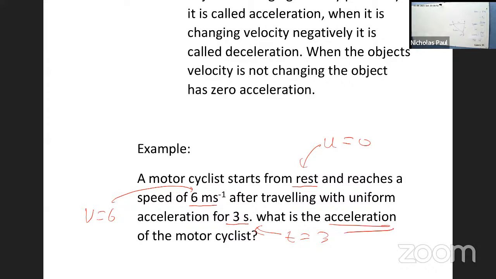Find acceleration. How do we find acceleration? V minus u all over t. So that is 6 minus 0 all over 3. So that's 2 meters per second squared. All right? Easy, right?